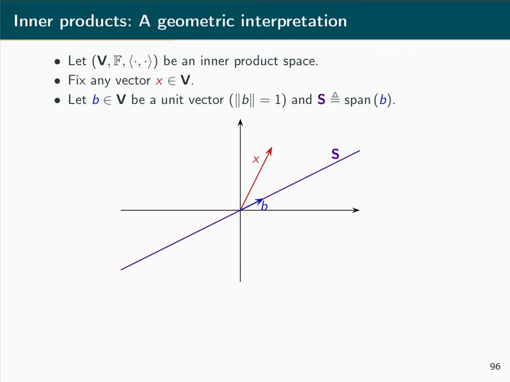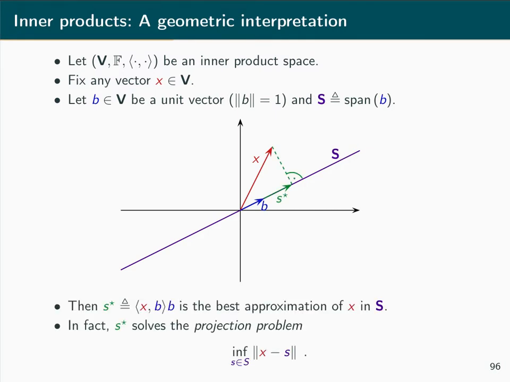For a little thought experiment, fix any vector x in V and let b in V be a unit vector, so b is of length 1, and define the subspace S as the span of this unit vector b. And this is illustrated in R2 in the diagram down here. So we have picked any vector x and a vector b of length 1, and the subspace S is spanned by the vector b.